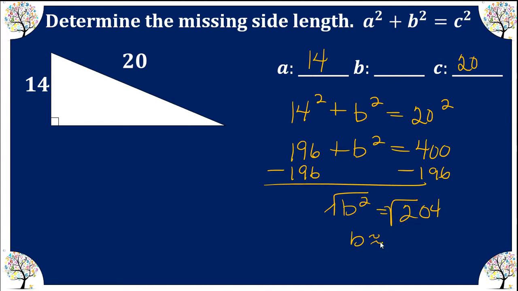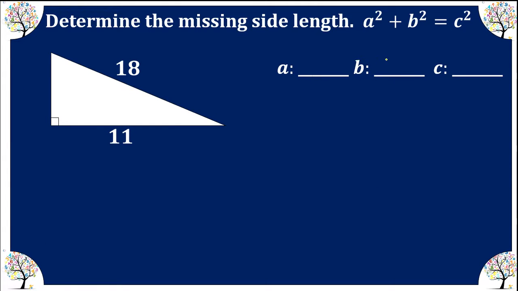I'm going to use my calculator and take the square root of 204 and then toggle that and get about 14.3 if we're rounding to the tenth. So our legs are almost the same length.